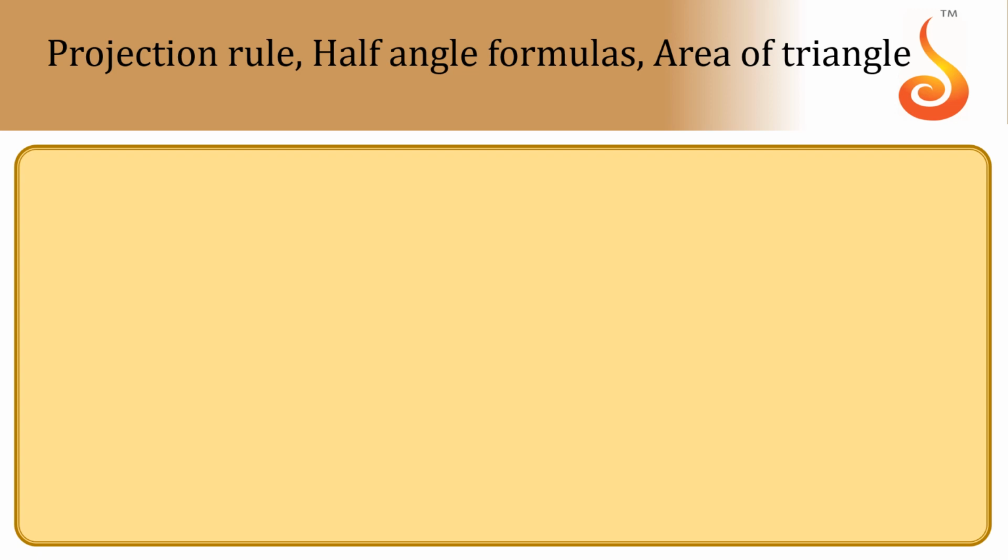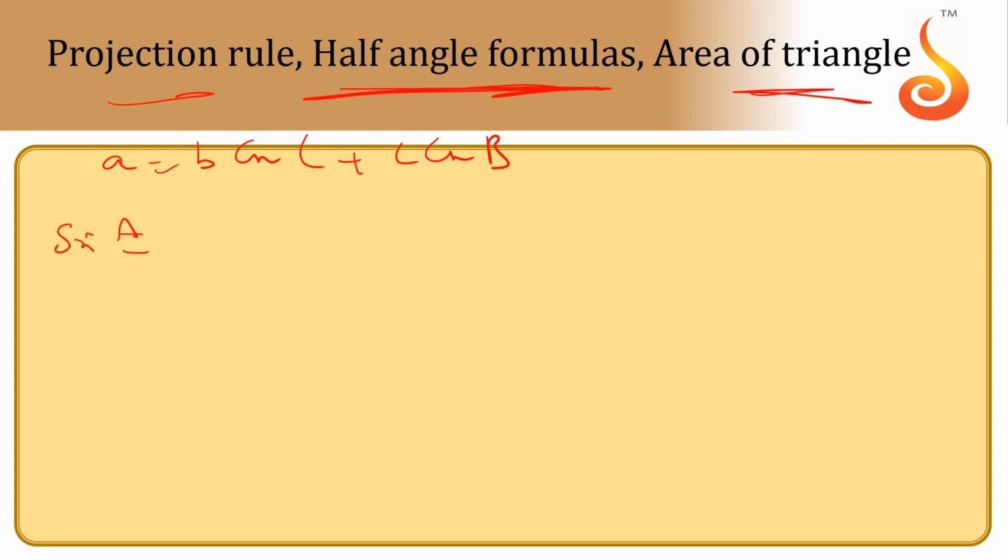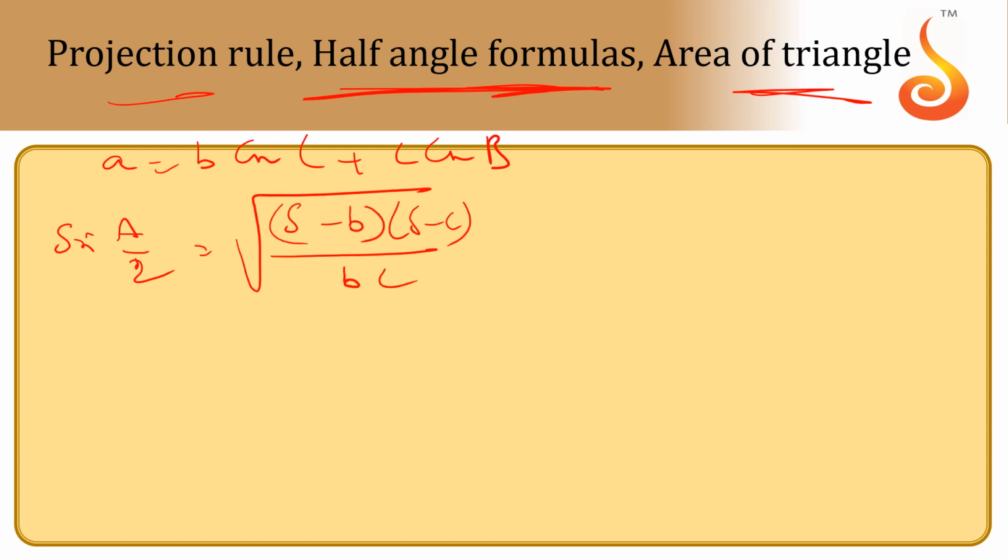Projection rule, half angle formulas, area of triangle. So projection rules, I think you know a equals b cos C plus c cos B. Similarly, b and c with respect to A and C. Half angle formulas are very, very important. Sin A by 2 will be equal to under root of (s minus b)(s minus c) by bc.